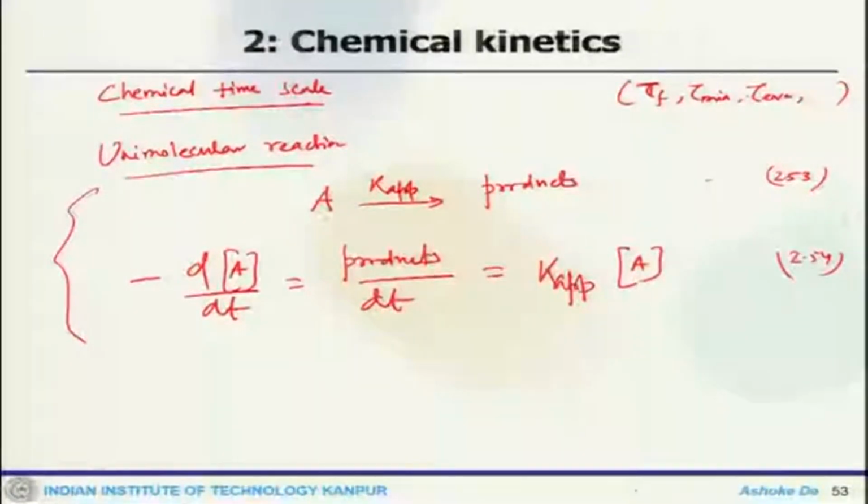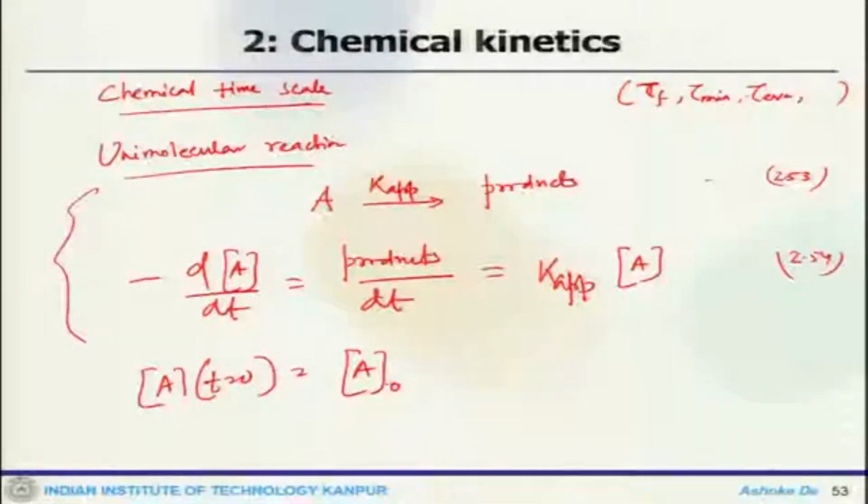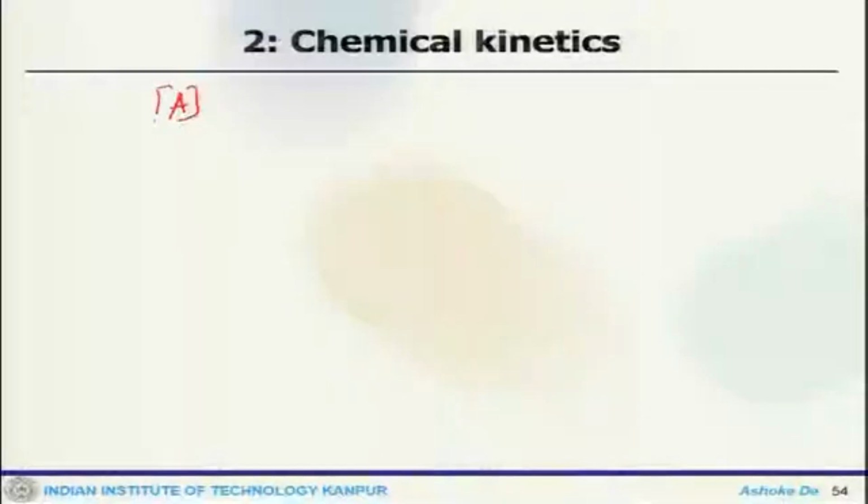Now what you can do is integrate this for a constant T, assuming the concentration of A at T0 is A naught. Now we integrate to find out what happens. Then the concentration at any time t would be A naught exponential minus k t.